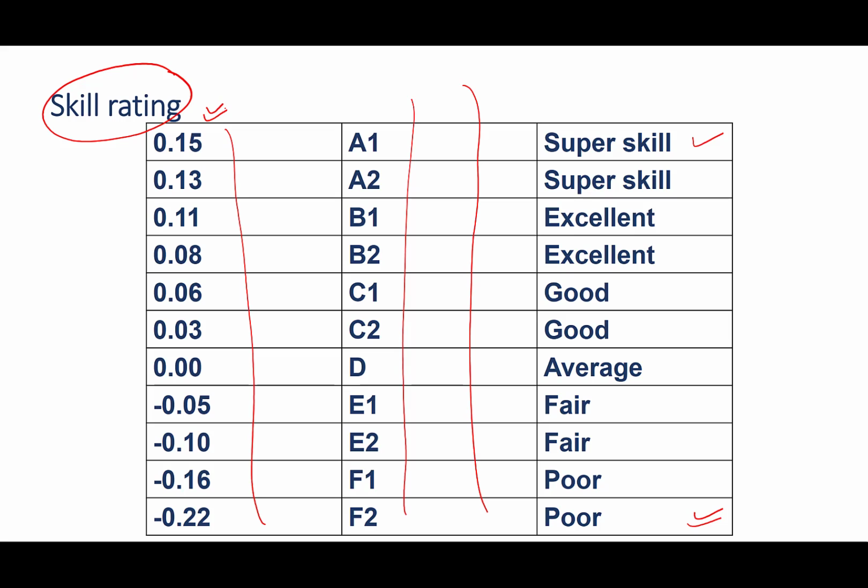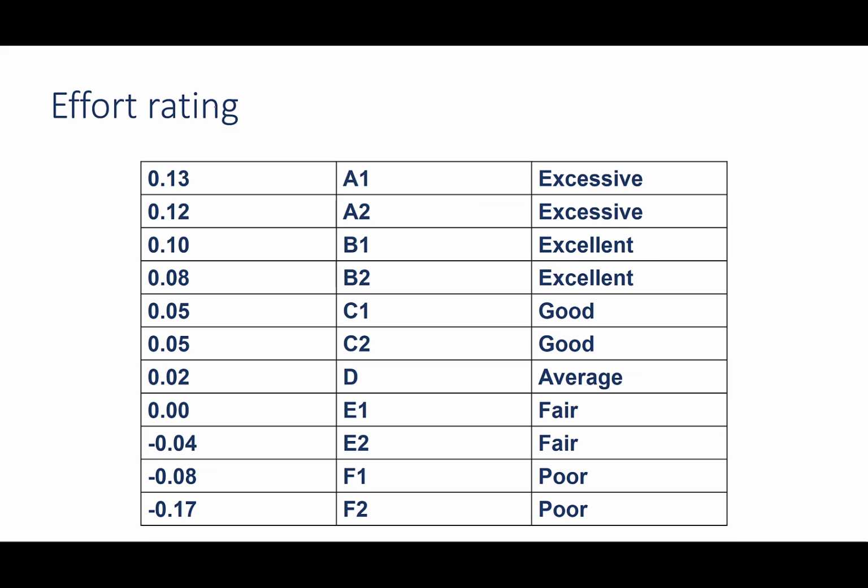So the time studyman will be evaluating the worker with regard to skill and assigning the different values. Then effort rating is also done in the same way. How much effort is being delivered by the worker in performance of the job is rated poor, fair, average, good, excellent or excessive, and accordingly different values are assigned.